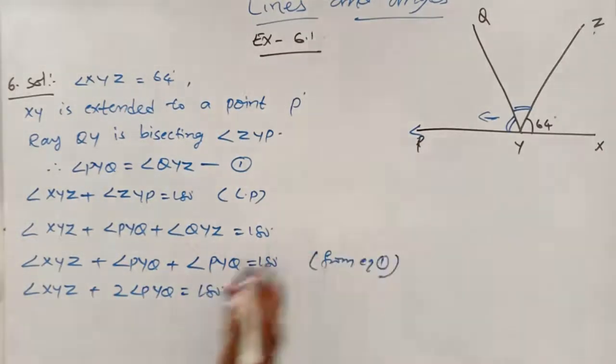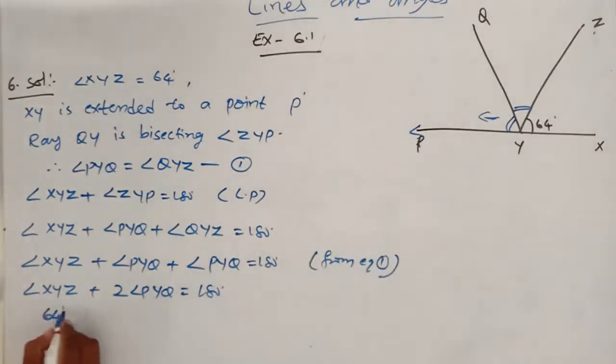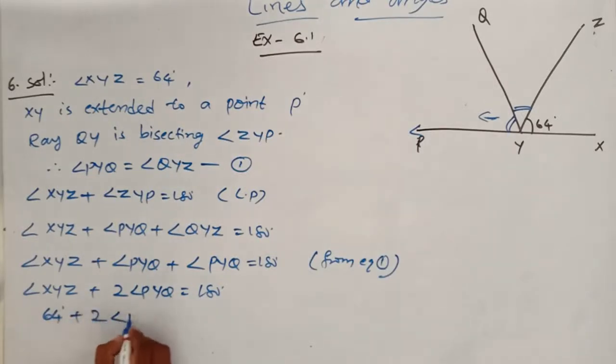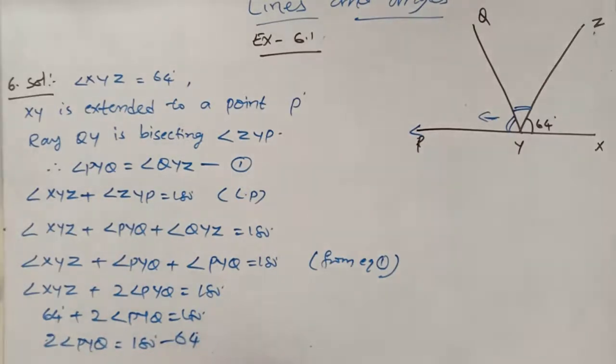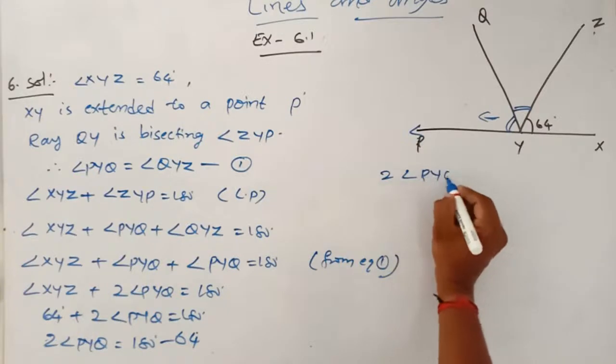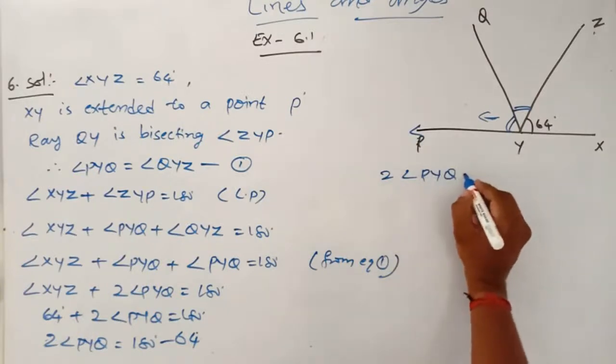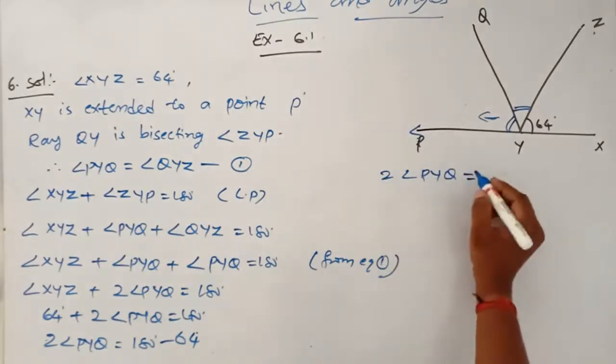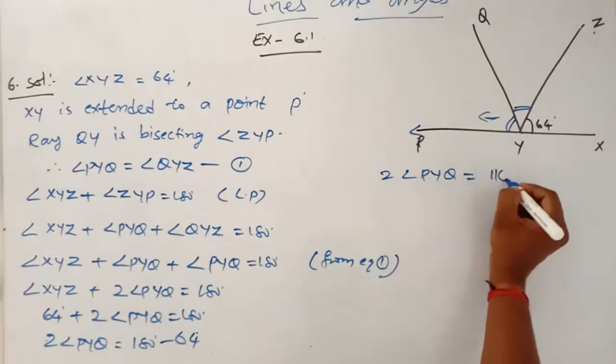XYZ value is 64 degrees. 64 degrees plus 2 angle PYQ is equal to 180. 2 angle PYQ is equal to 180 minus 64 degrees, that is 116 degrees.